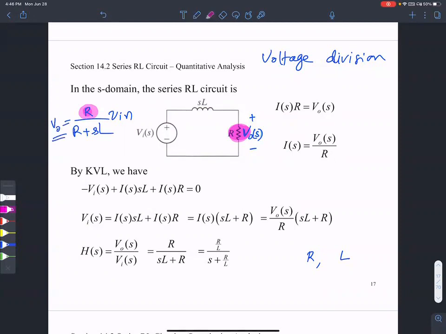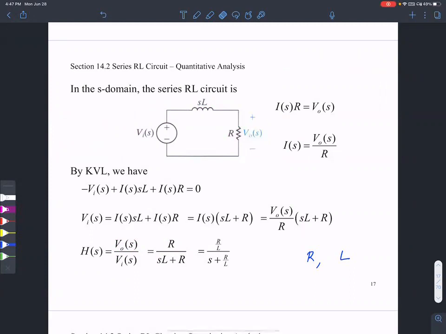The output voltage is R by R plus SL, because these two are in series, times V in. The rest is just arranging it in a format that is convenient for analysis.